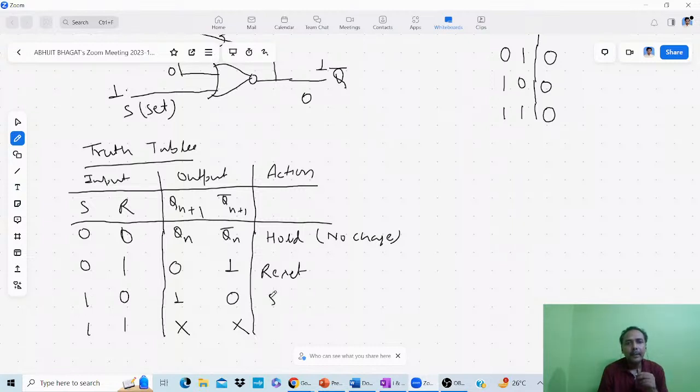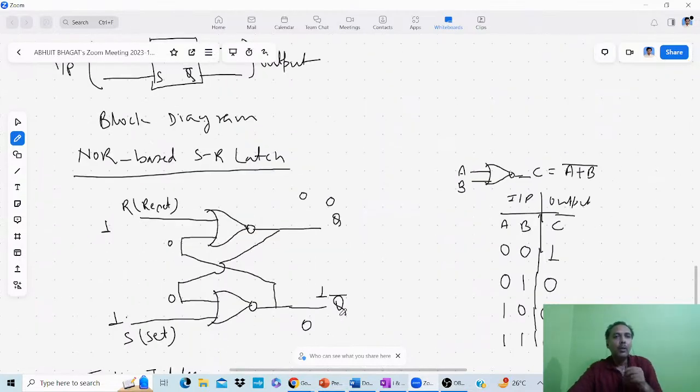So it is the set condition. 1 means set, 0 means reset. Okay. And when you supply the 1 1, in that case your output is what? Invalid or forbidden condition. Forbidden. Okay, or invalid. So this is all about the NOR based SR latch.